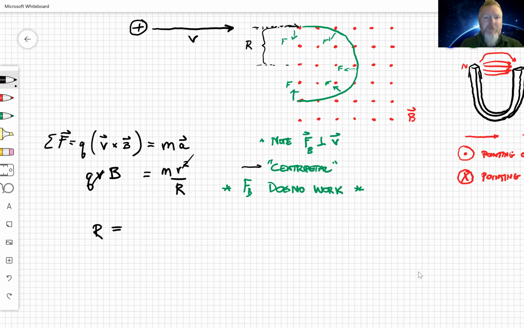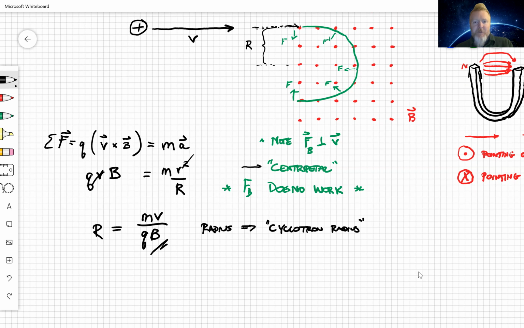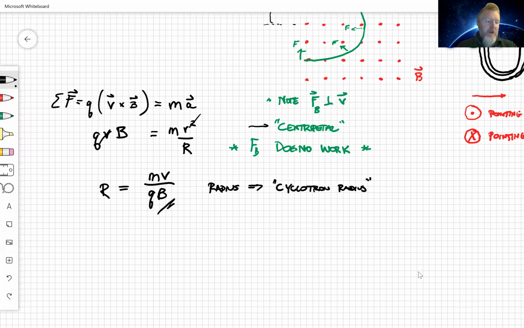So I'm just going to divide the qB underneath, really. It's just the momentum of the particle divided by qB is the radius of the orbit here. It happens to be known as the cyclotron radius.